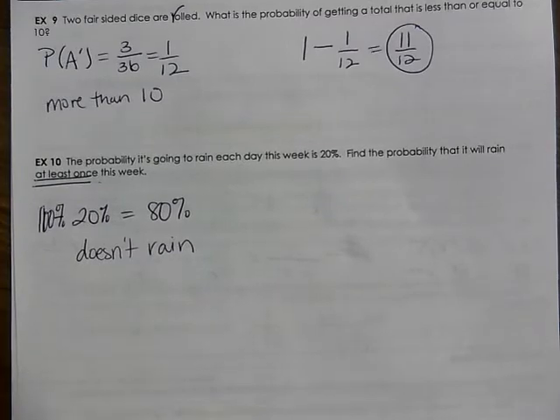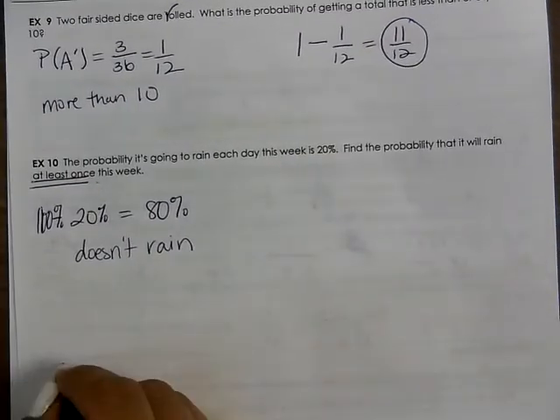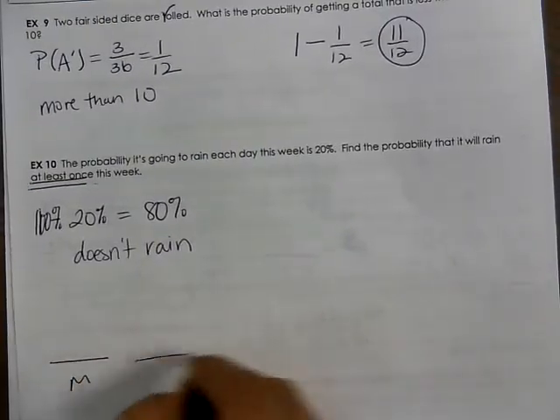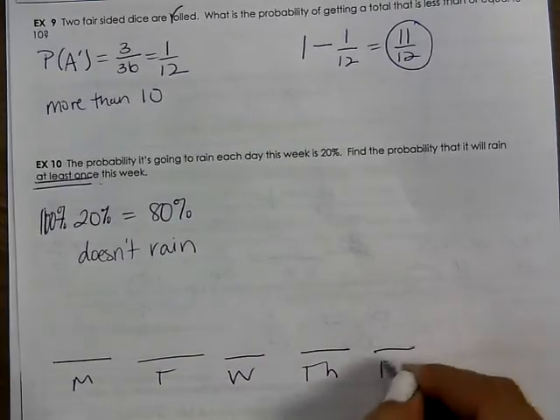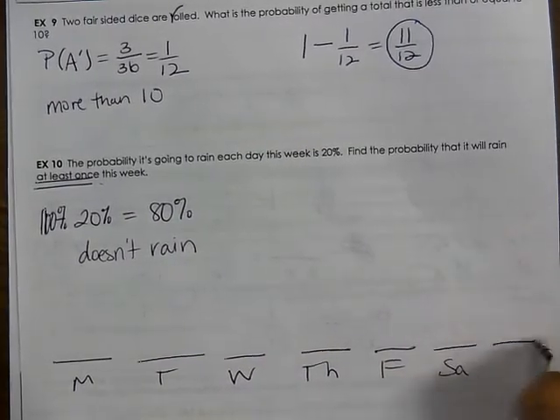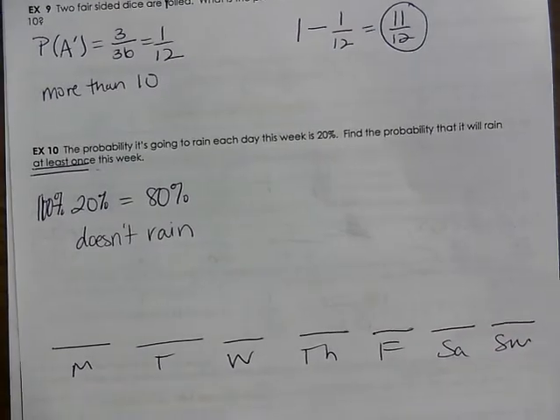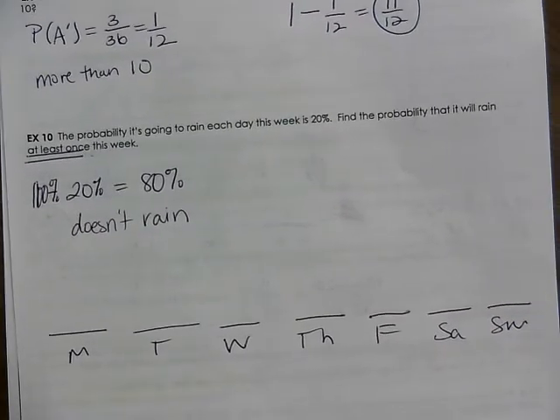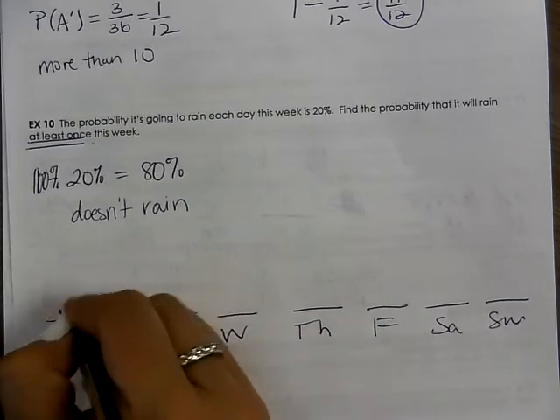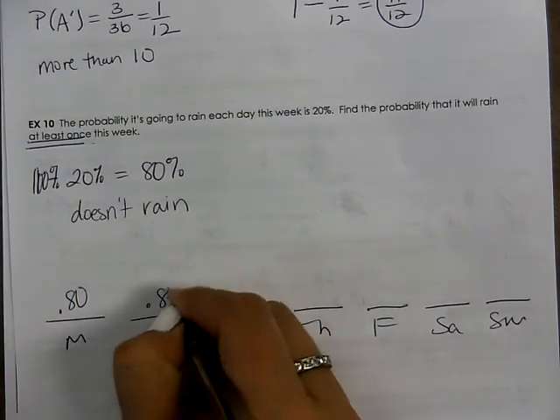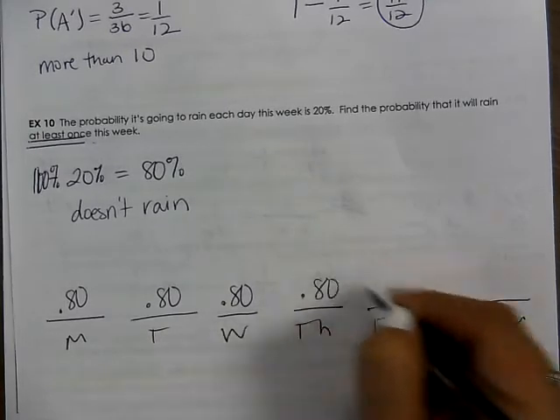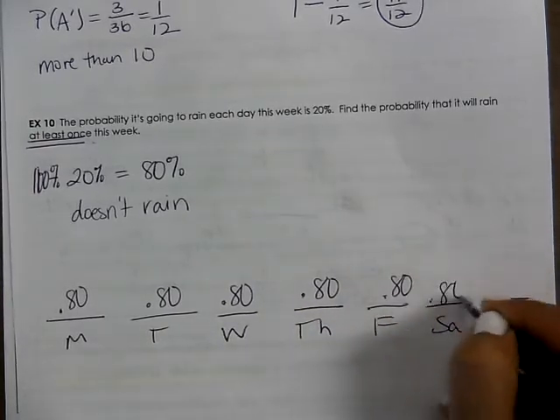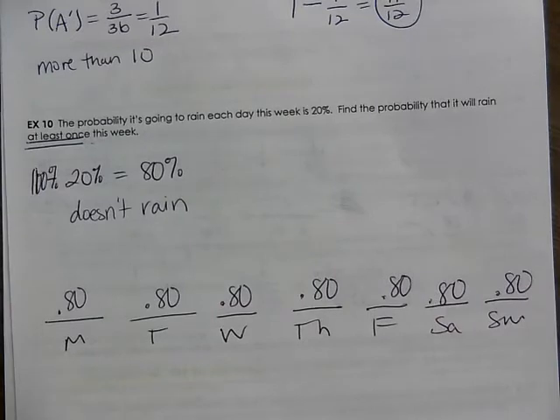So now think about this. It's Monday, Tuesday, Wednesday, Thursday, Friday, Saturday, and Sunday. So it doesn't rain on Monday. It doesn't rain on Tuesday. It doesn't rain on Wednesday, or Thursday, or Friday, or Saturday, or Sunday. That's the opposite of what we want. This is the complement.